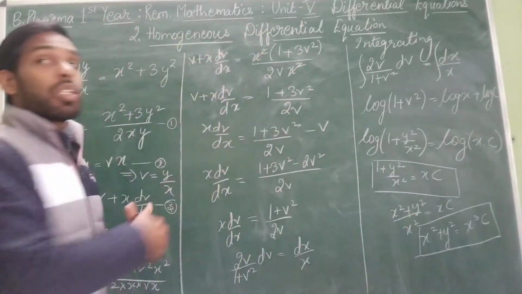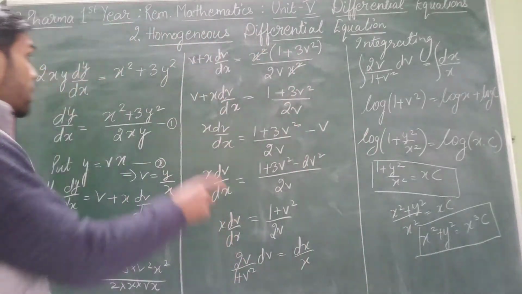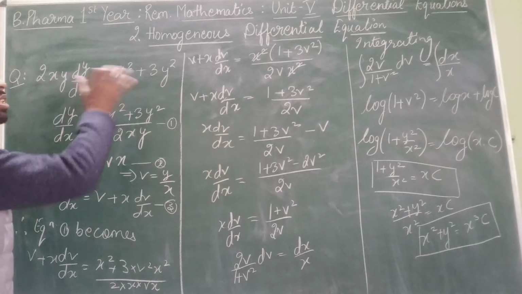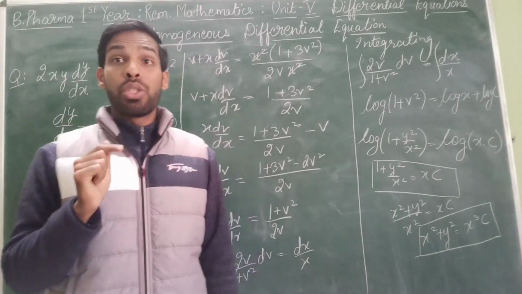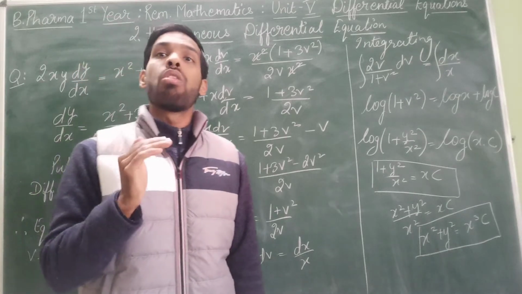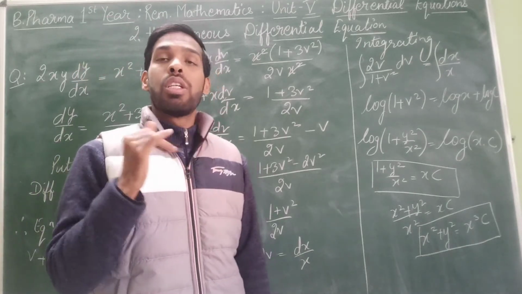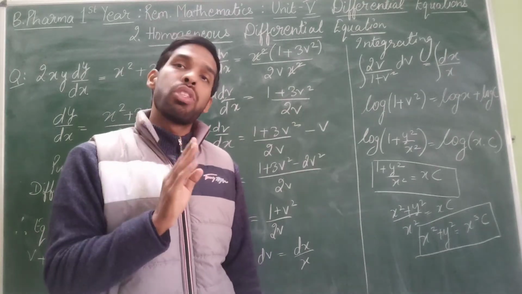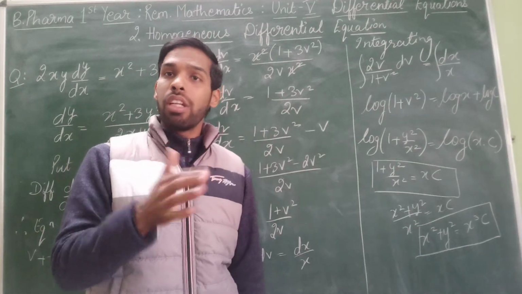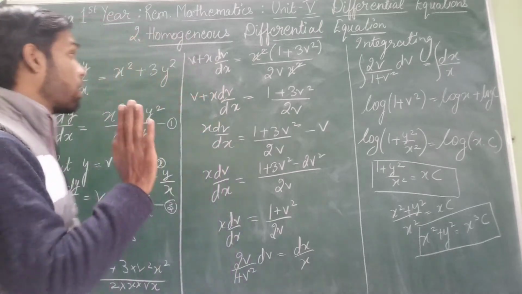So what is the meaning of homogeneous differential equation? Just check: all the terms which are given should have the same power. If the power is 2, then all the terms should have power 2. If one term has power 3, then all the terms should have power 3.